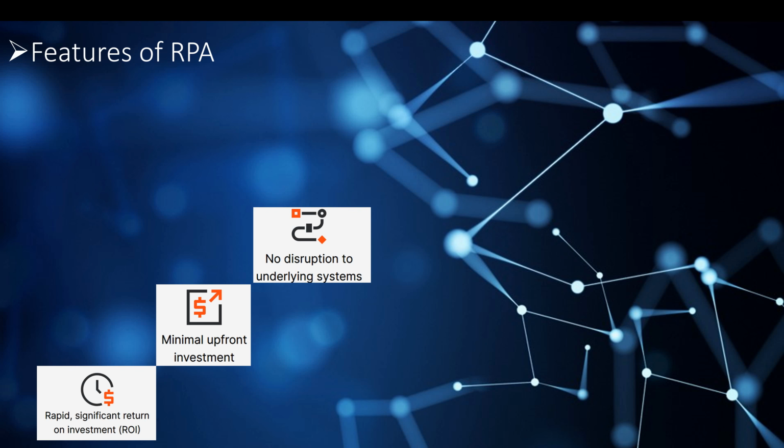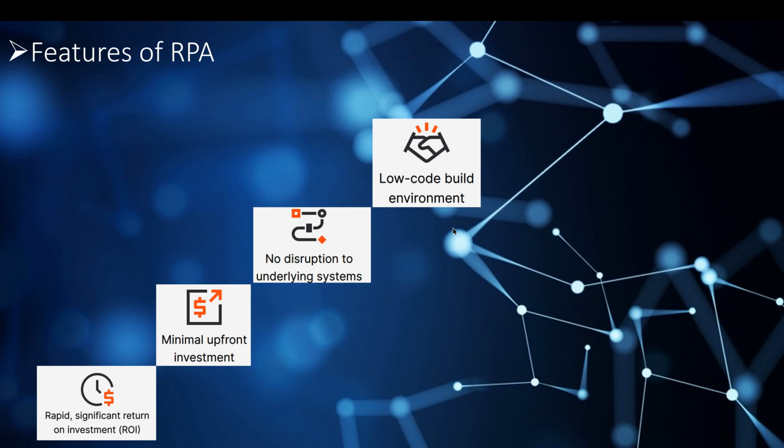No disruption to the underlying systems. I told you, right? When we are automating some process, it should not touch the existing business flow. If it is disturbing the existing process, the existing flow of the business will definitely get impacted and it is of no use in that case. So using RPA, it will not disturb the underlying systems. This is the main feature of RPA. Next, low code build environment.